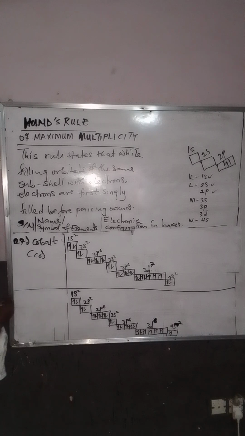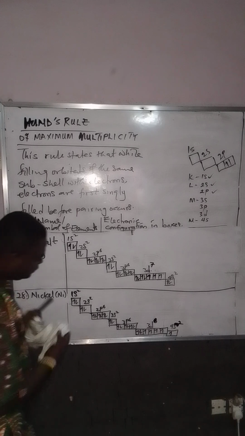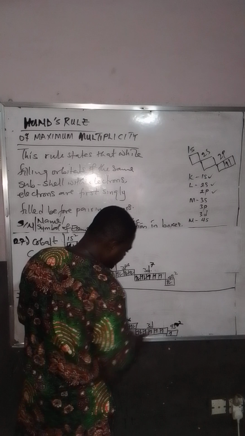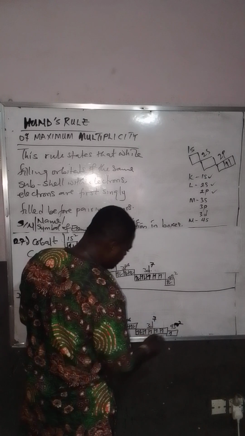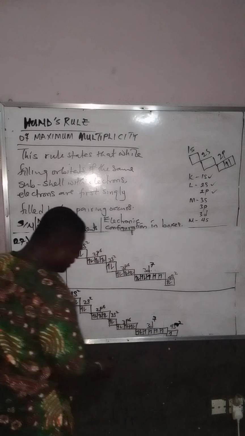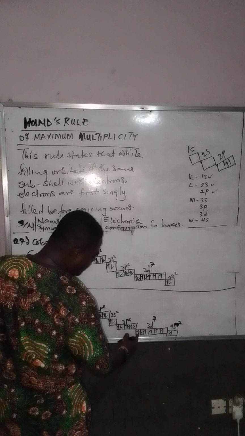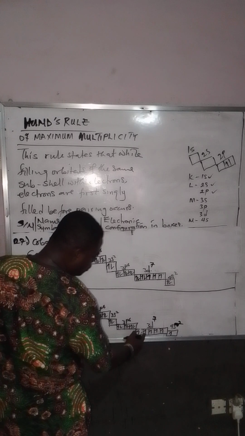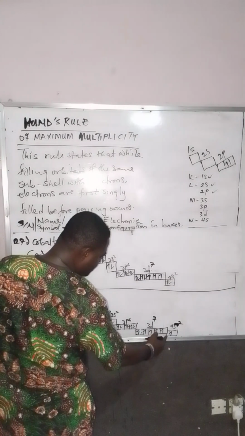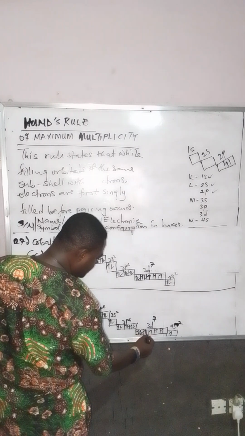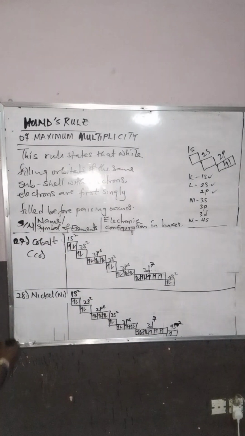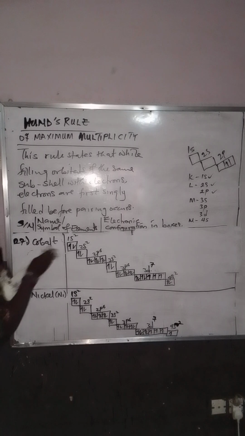The next one is nickel, Ni. So this one is going to be 3d8. Fill singly 1, 2, 3, 4, 5, then pair 6, 7, 8.